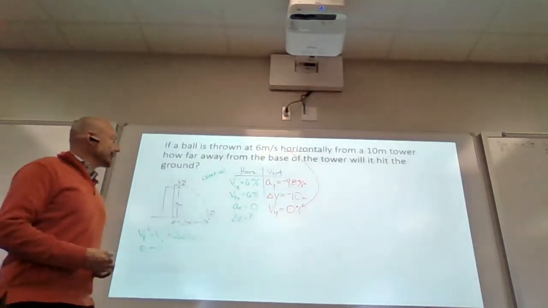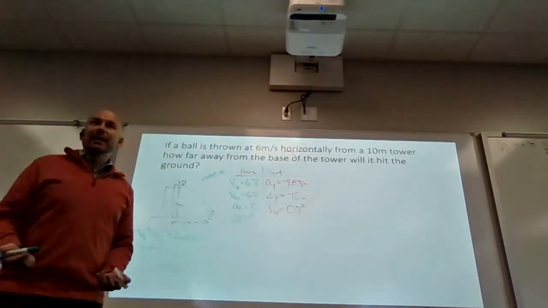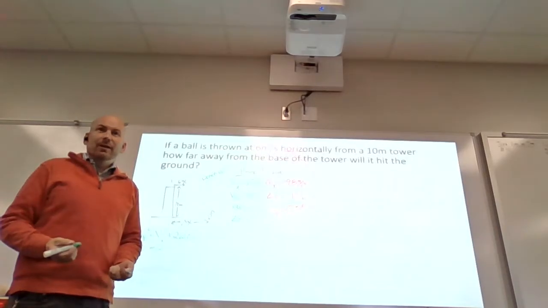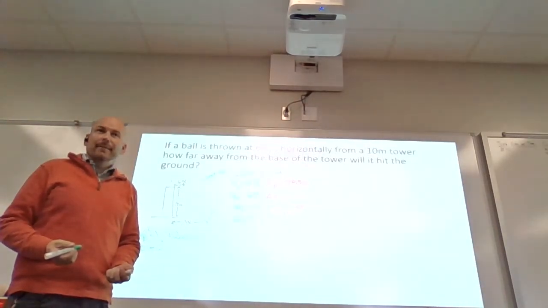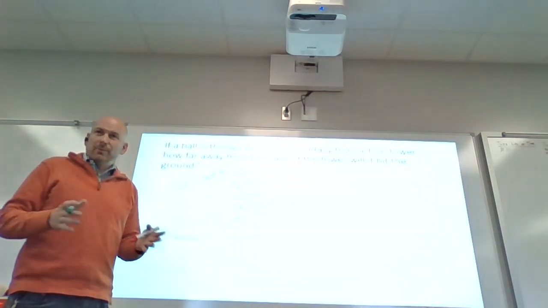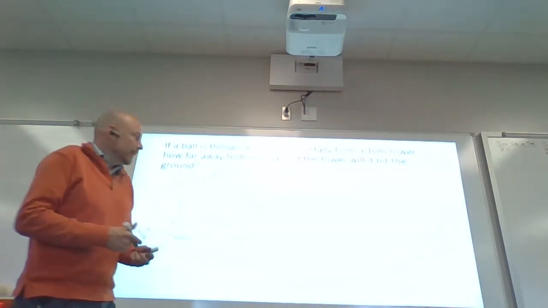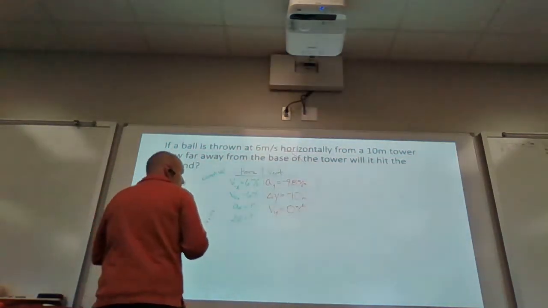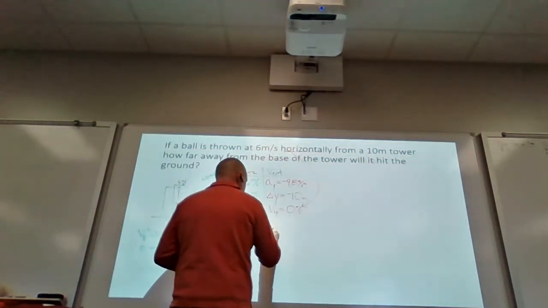Okay? So I'm like, ooh, I don't know what else to do. It'd be really nice if I had time, right? Then I could use my other equations. Does that make sense? Kinematic equation wise, I need another variable. Okay? Time is a special case.